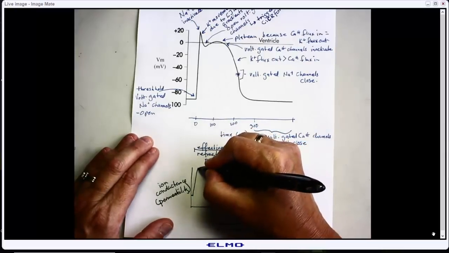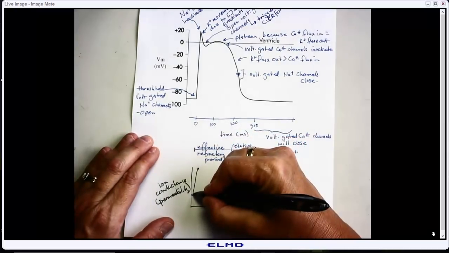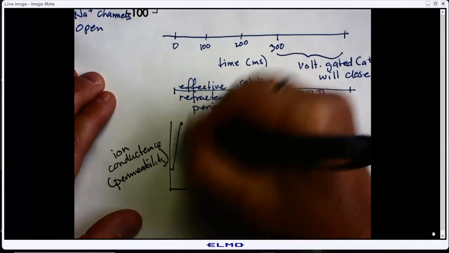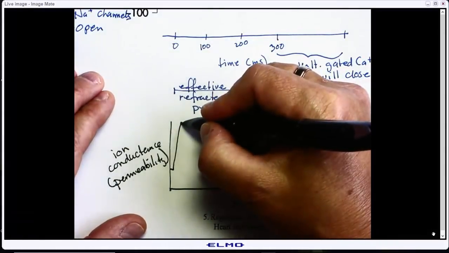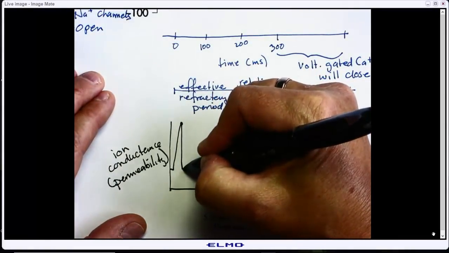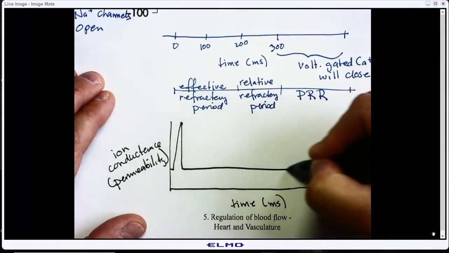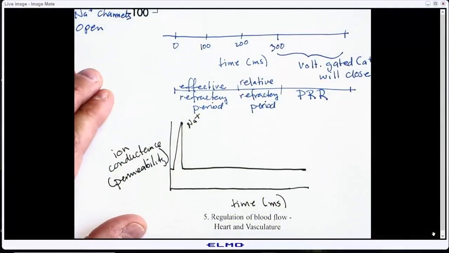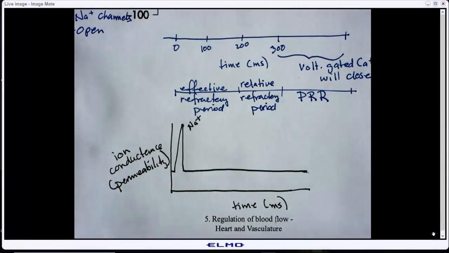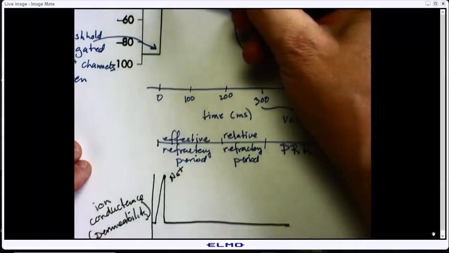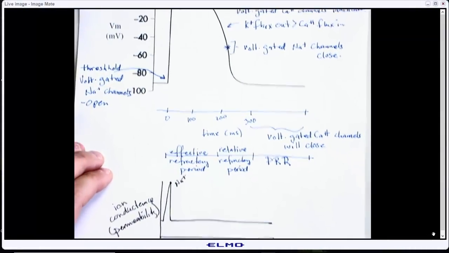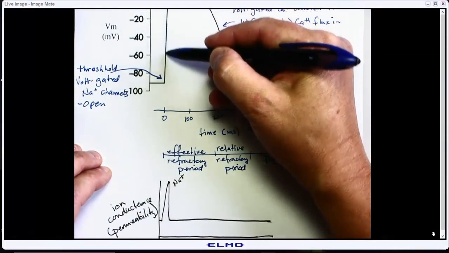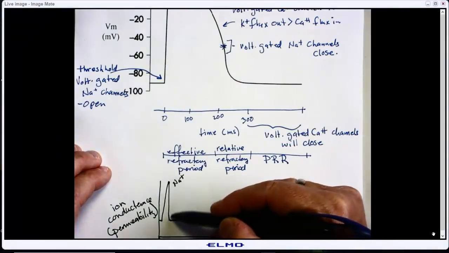So if we were looking at the permeability to sodium, we would open voltage-gated sodium channels, get this wild increase in permeability, this wild flux of sodium, and then they'd become inactive, and then the permeability drops back down. Right? So that would be what sodium would look like if we thought about its permeability over time. Okay, calcium channels would start to open around this region, right?